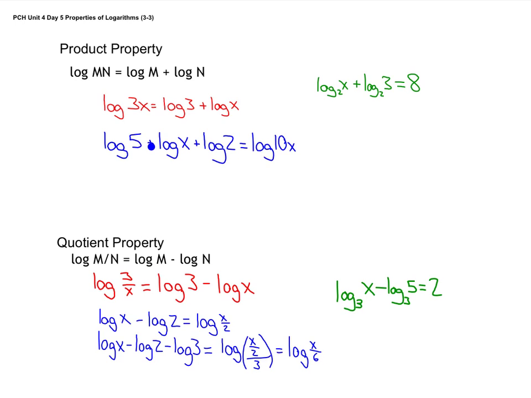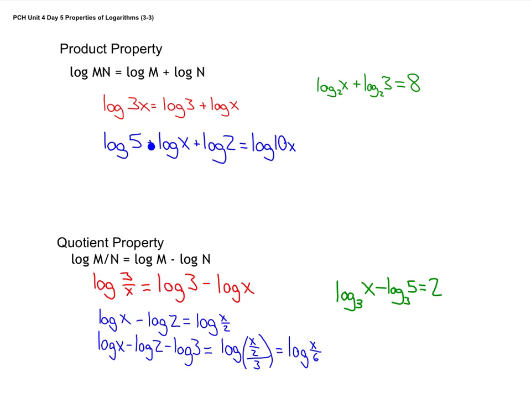Logarithms are what? Exponents, okay? What do you do with the exponents when you multiply stuff together? You add the exponents. That's where this rule comes from. What do you do when you're dividing things? You subtract the exponents. They look like the same properties as exponents. Exactly, that's where each of these properties comes from.